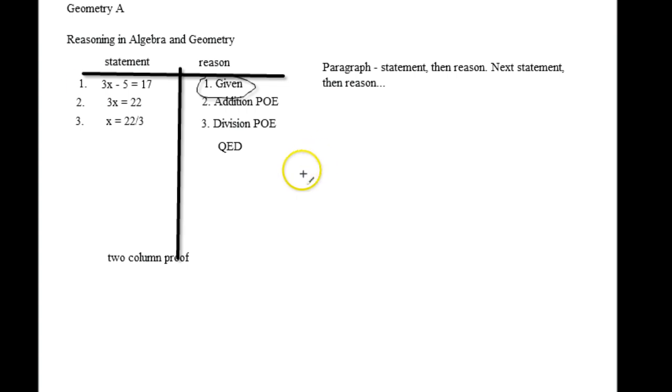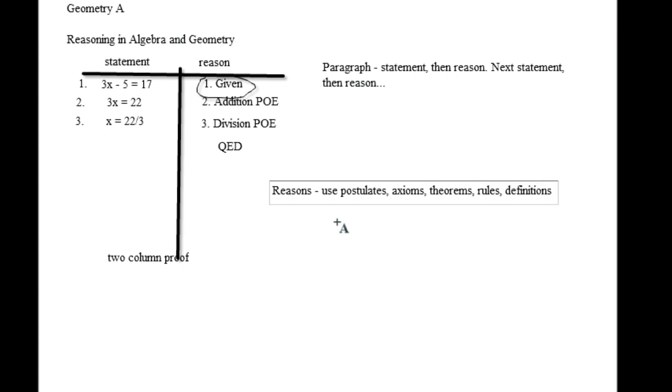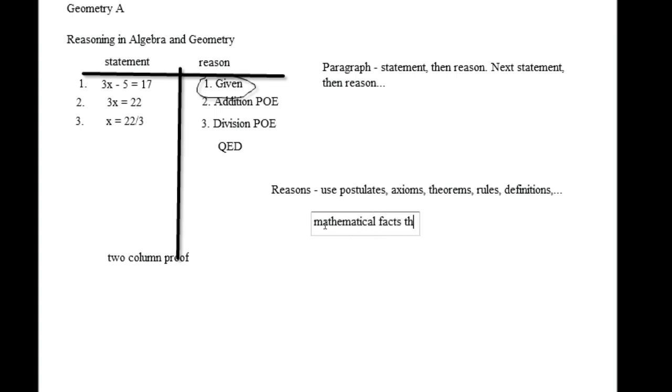Now what do we use here for our reasons? Reasons, you use postulates, axioms, theorems, rules, definitions, and so on and so on, as long as they're mathematical facts that have been proven.